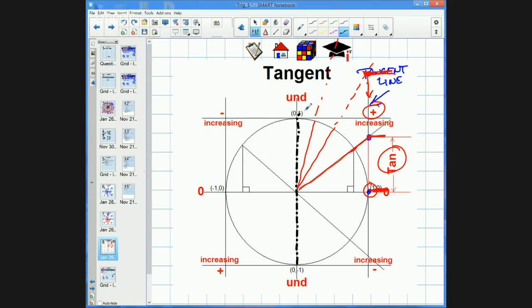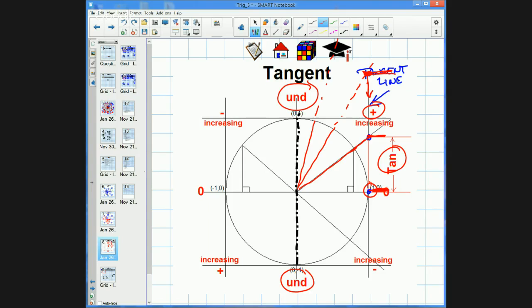It's parallel. And that's why at 90 degrees and at 270, we're vertical like that, there's no answer. And we use UND to represent undefined.